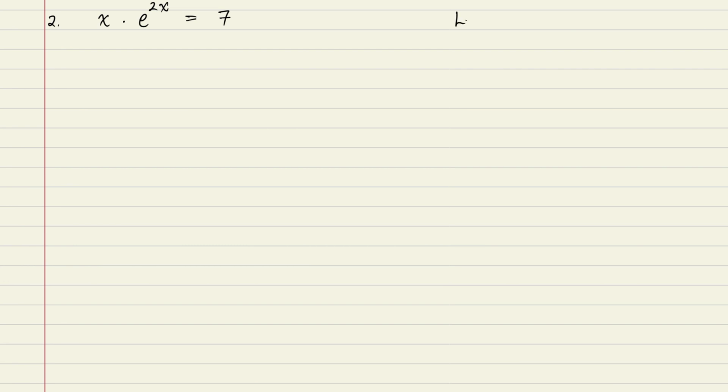I'm going to say let 2x equal u. That means x is going to equal u divided by 2. So I'm going to substitute that into my equation. So x is u over 2 multiplied by e to the power u, and that's equal to 7.